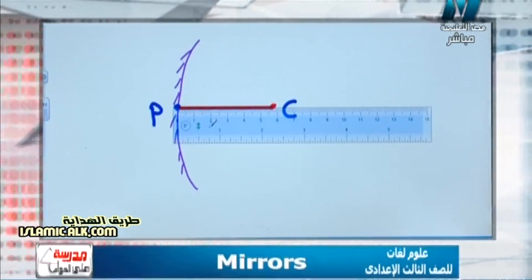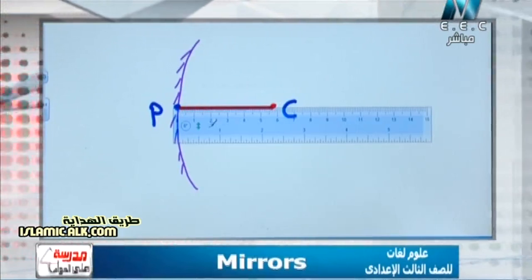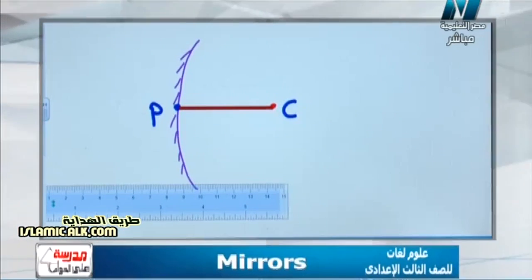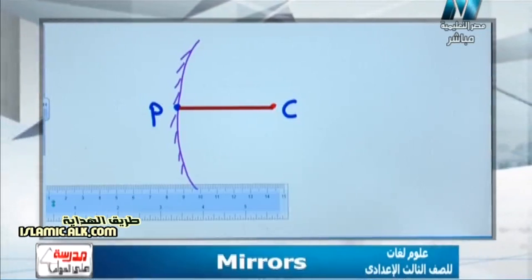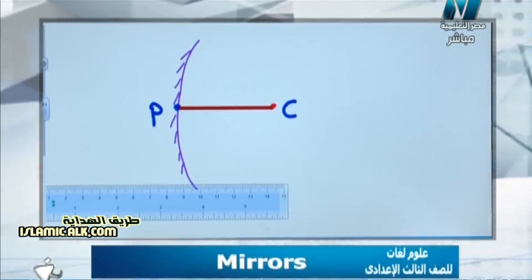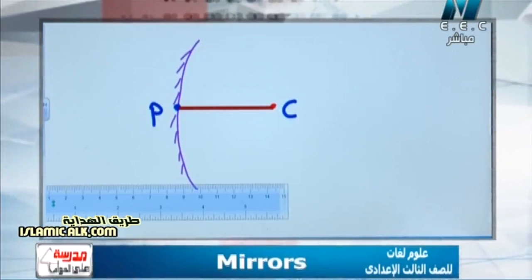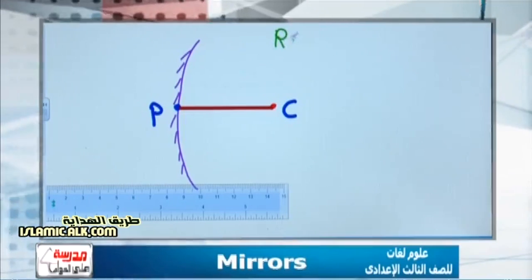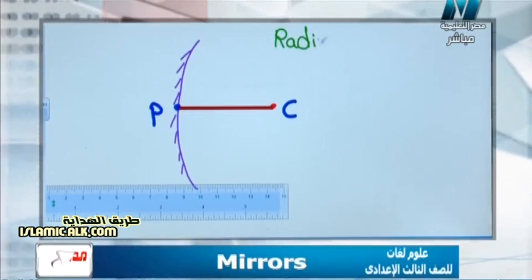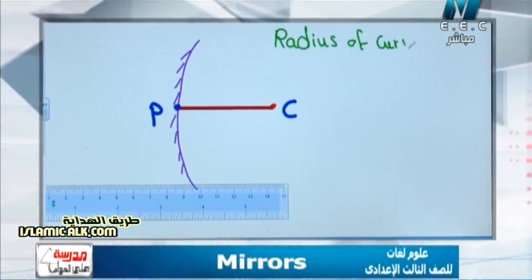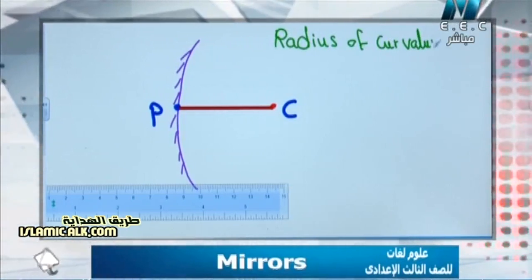So here we have a distance that we will measure. This distance is called what? Here we have the radius, as we studied before in geometry. We have the radius of curvature.